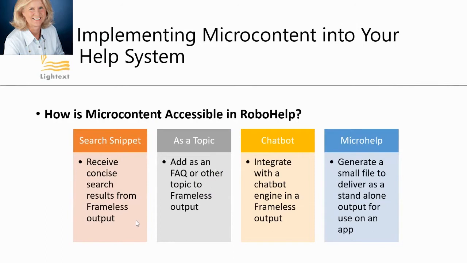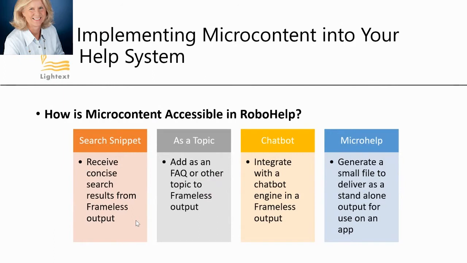And that doesn't mean just that one question, but when you create a microcontent group, all of the microcontent intents and responses are available as a topic or can be output like that. It can also be integrated with artificial intelligence via a chatbot engine.